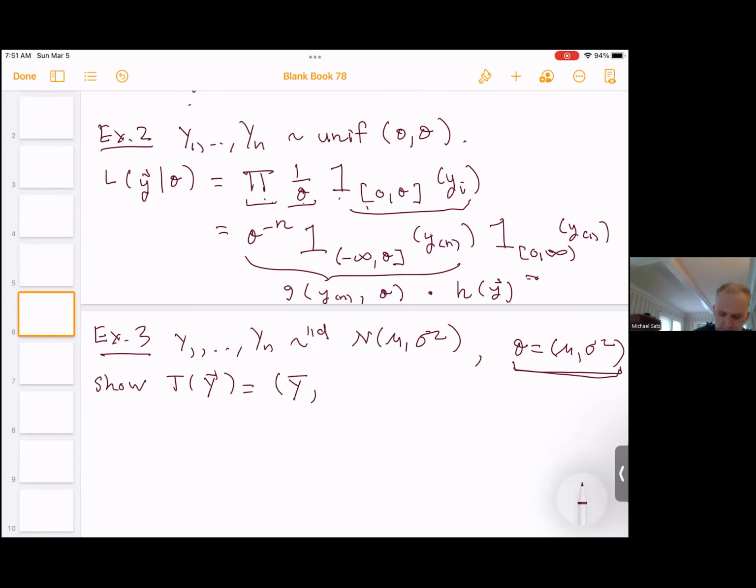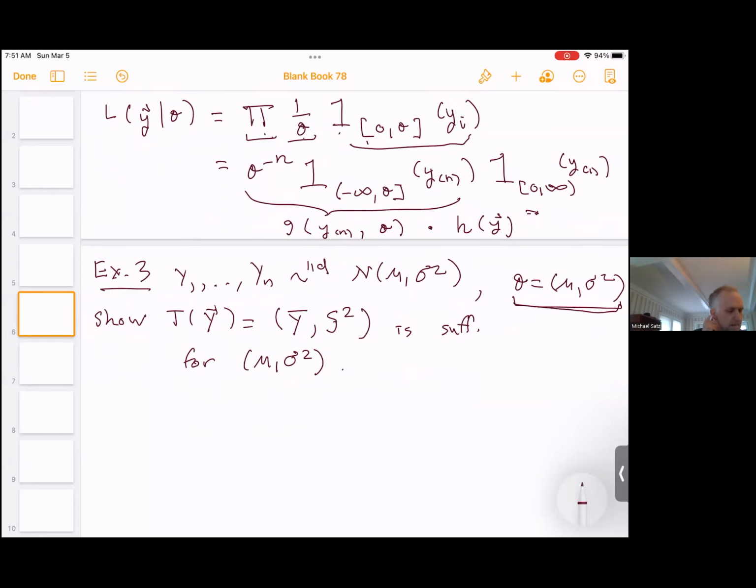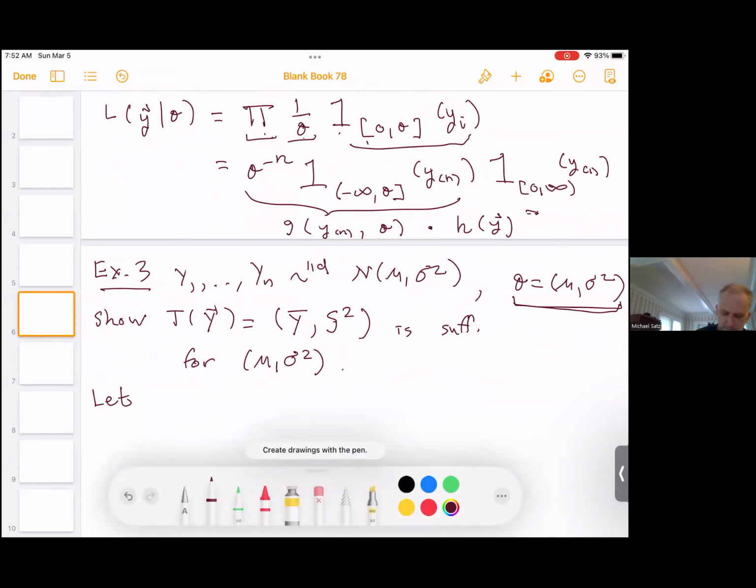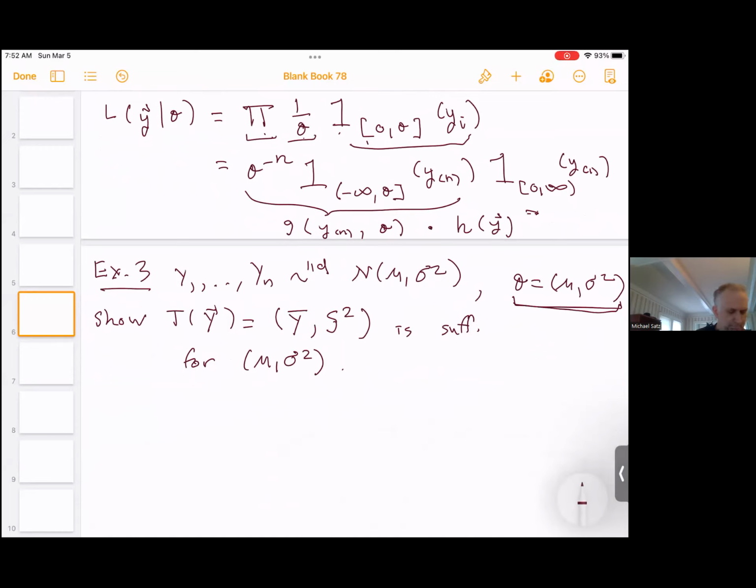It's also unbiased, so we're going to show that this is sufficient for that vector. All right, so just a little more writing with the two things. Okay, what do we have?